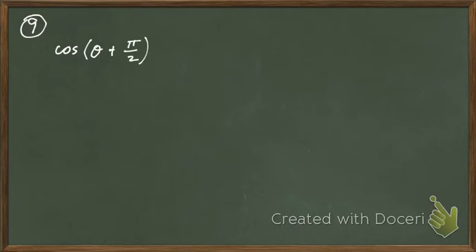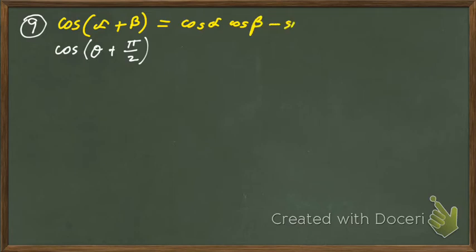Now, is there a formula for cosine of alpha plus beta? I think it's cosine, opposite sign, then sine, sine.